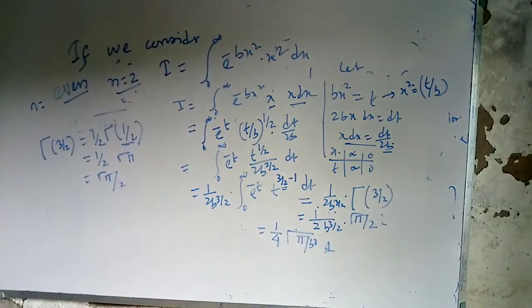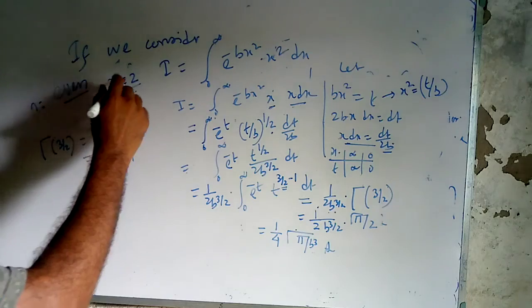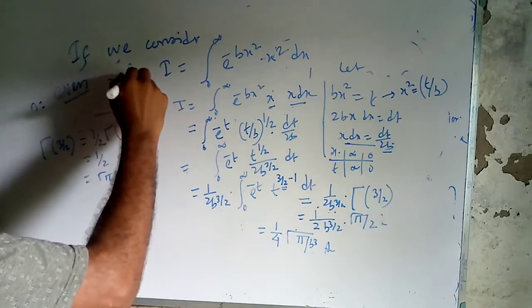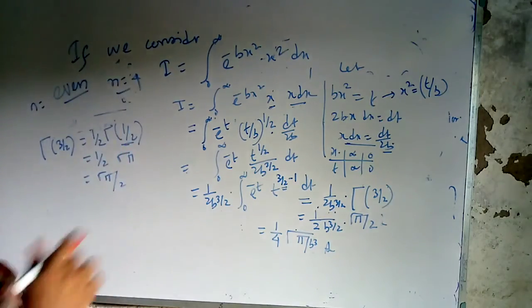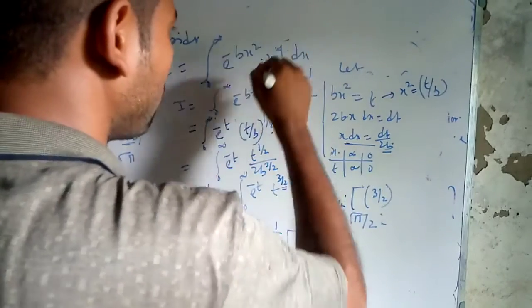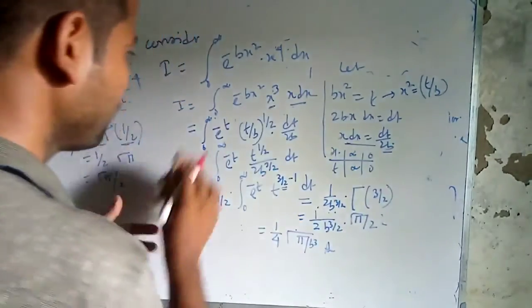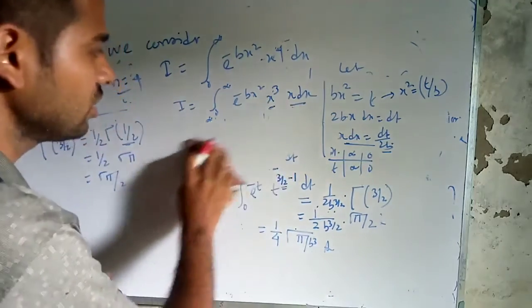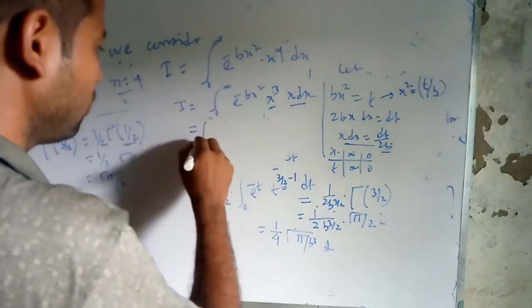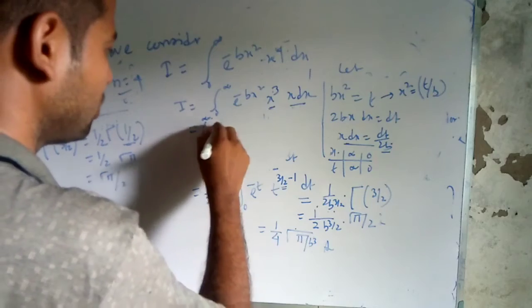This is for the even function, where n is equal to 2. If we consider another even function, n is equal to 4, we put in x to the power 4, x cubed dx, and this will also be changed here. This is equal to the integral from 0 to infinity of e to the power minus t.